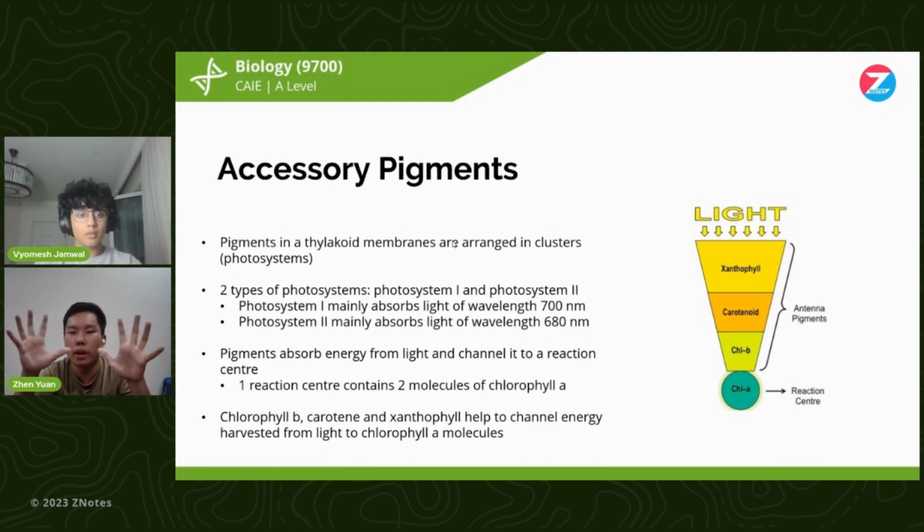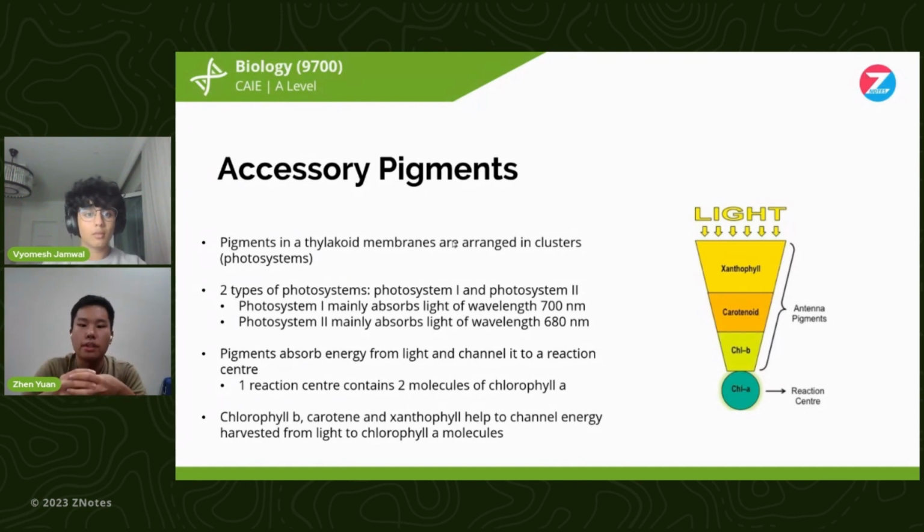This sentence sounds kind of complex, but it's actually not that complex. A photosystem is just a group of these light absorbing pigments, arranged in clusters. There are two types of photosystems: photosystem 1 and photosystem 2.